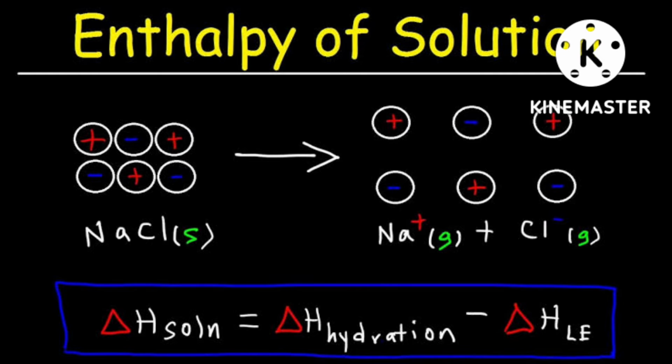This is called sublimation of sodium. This is the first step. Now the second step: this sodium atom converts to a sodium ion, Na plus in the gaseous state, and it releases 1 electron.